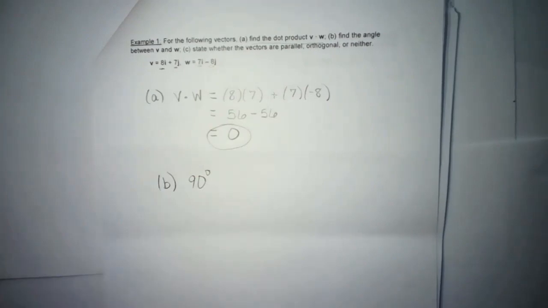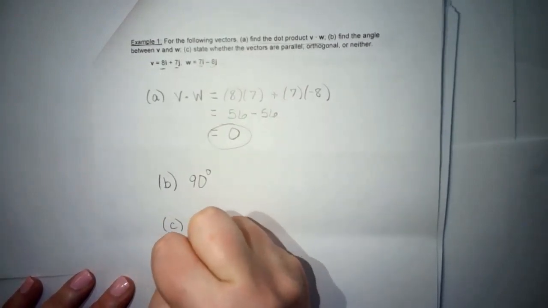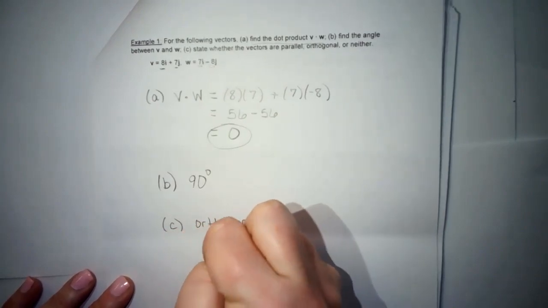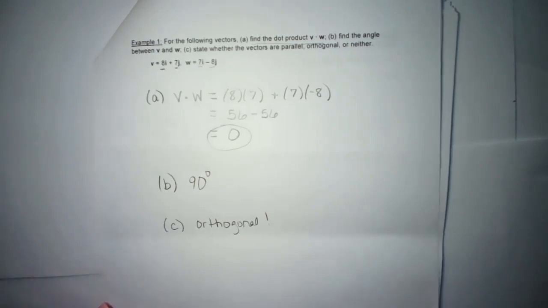Later I'm going to show you how to do it for other ones. So I can already tell you this one is orthogonal. Done. If you get a 0 from the get-go, you don't even have to keep going. Sound like a plan? Everybody okay on the dot product?